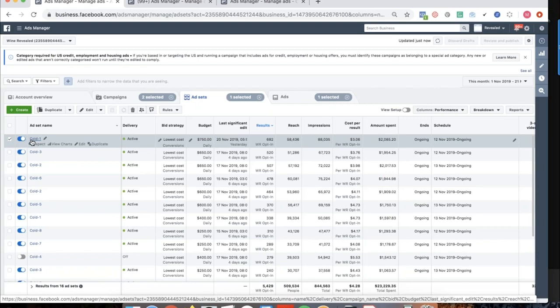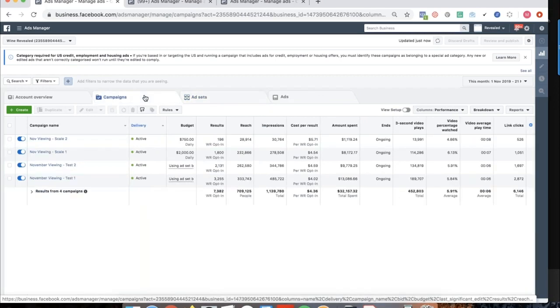Now, if you have budgets at the campaign level, you cannot add new ad sets into the campaign without throwing off the optimization and the overall success of the full campaign. So if your budgets are at the campaign level currently, and you want more scale and want to do more horizontal scaling, you need to create new campaigns using CBO. Really, anytime you want to create a campaign for scale, guys, I recommend using CBO.